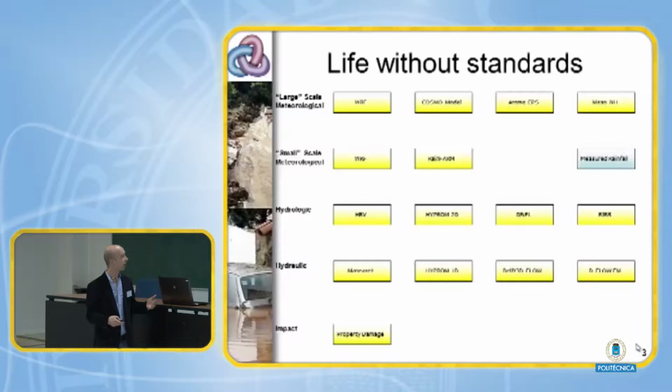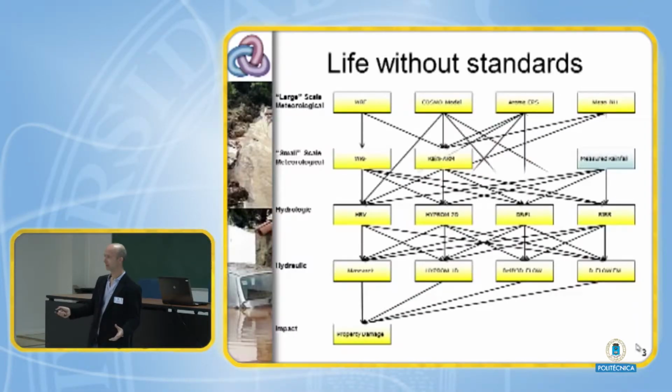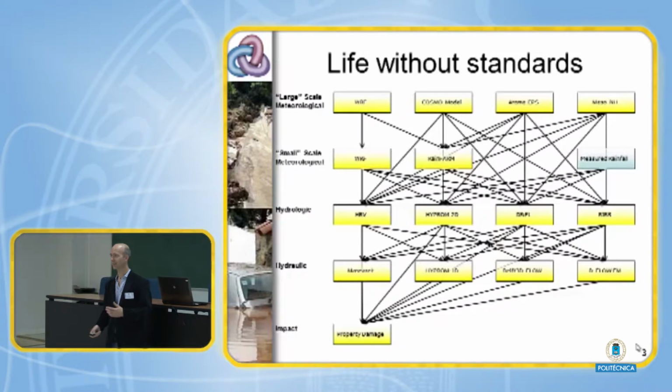You start saying, okay, I can pass data from one model to the next, but then at a certain moment you are building a lot of conversion routines, and it's a big mess and a lot of time. You spend more time on writing converters than on doing the research and the science and focusing on the processes you model.